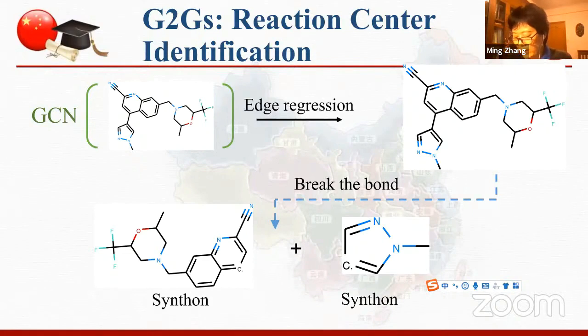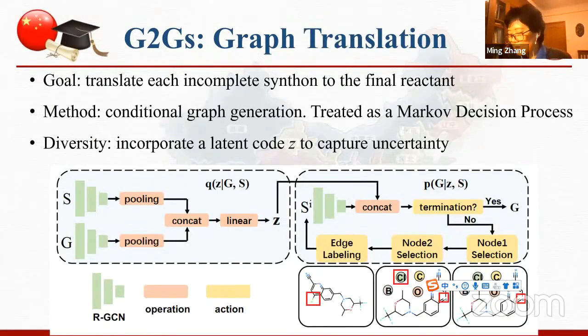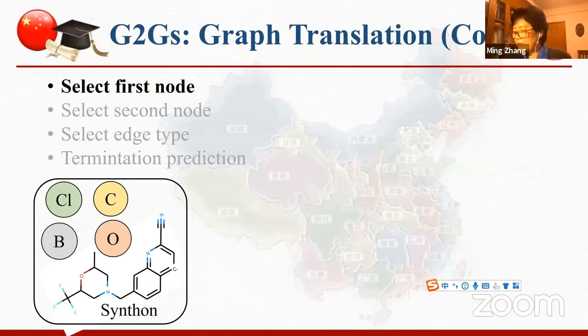Through the reaction center identification module, we reduce one-to-many graph translation task into multiple one-to-one graph translation tasks. That simplifies the problem. Then we have the graph translation.